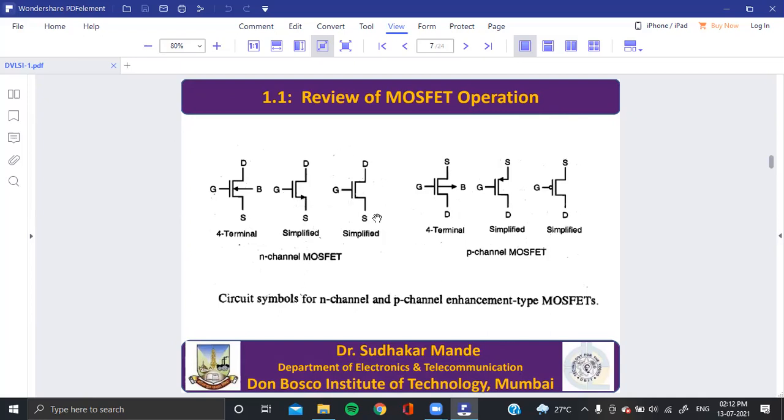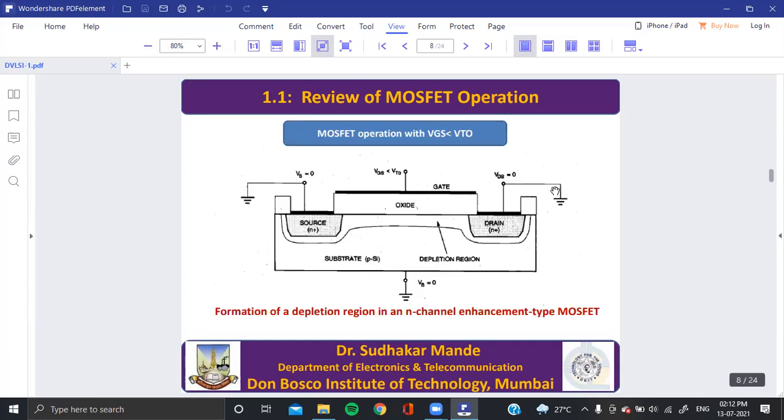And sometimes there is no arrow, then it is called as simplified view. This is also N channel MOSFET. Similarly, for P type, substrate, arrow is on the substrate and it is outside, then that is P channel MOSFET. Then here arrow is on source, but it is inside direction. So this is simplified view. And again, if there is no arrow, then at the gate there is a bubble. And if that bubble is there, then that is called as P type MOSFET. These are the various circuit symbols used to represent the N channel MOSFET and P channel MOSFET.